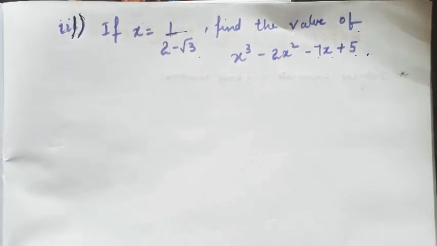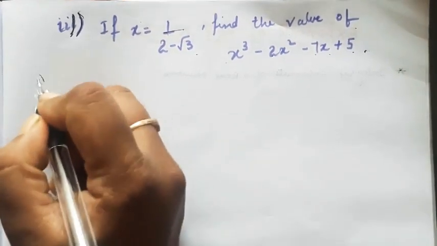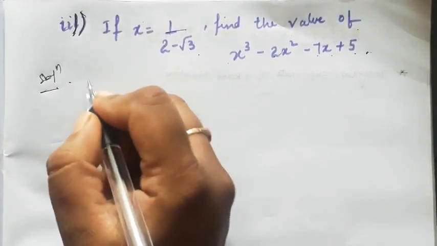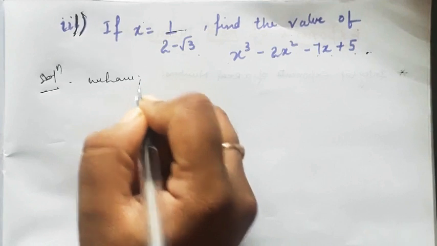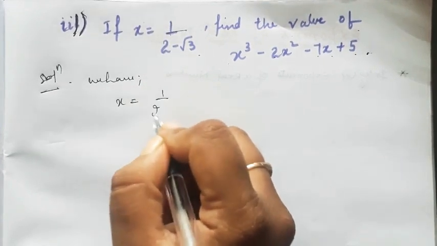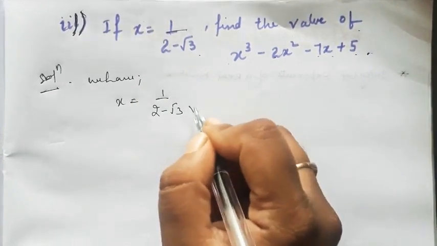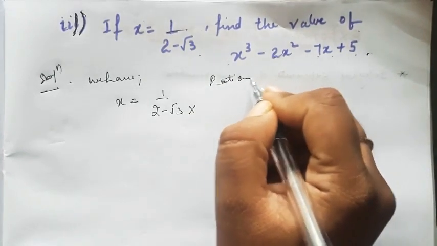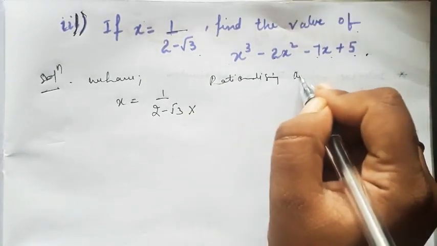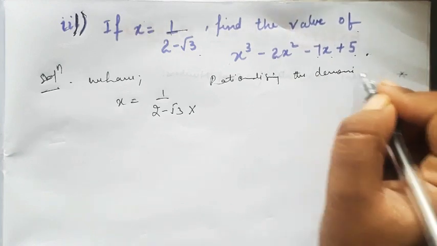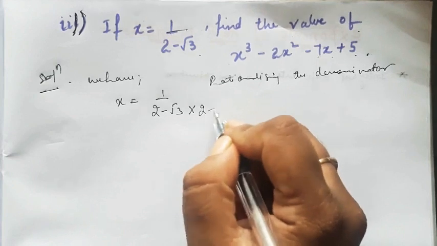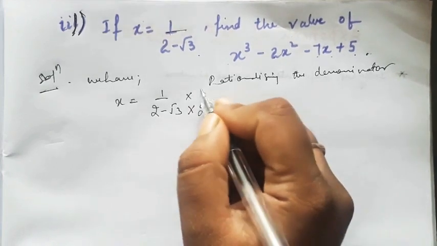So what's the correct process? First of all, we have x is equal to 1 upon 2 minus root 3. First rationalize the denominator by its rationalizing factor, that is 2 plus root 3.